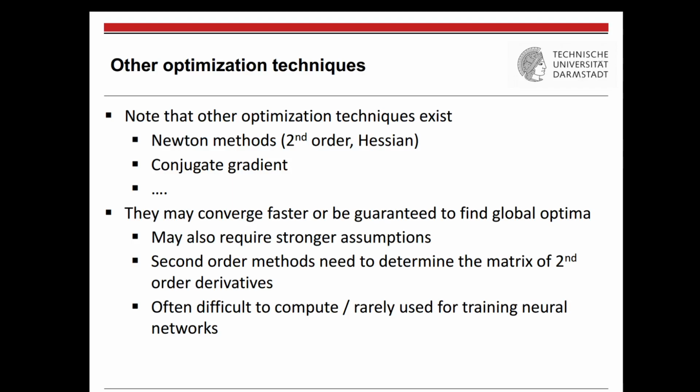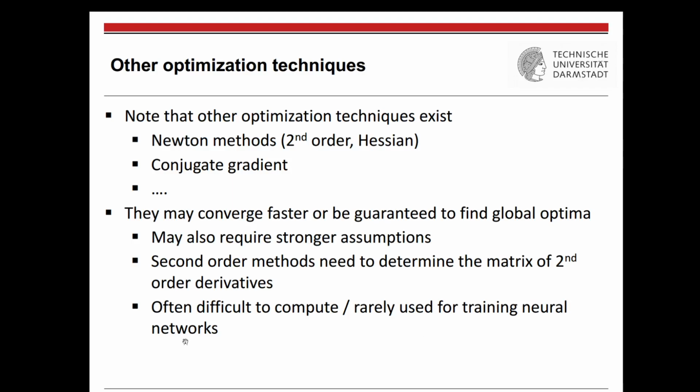However, they often require stronger assumptions, such as maybe that the function to be optimized is convex, or they are very costly, like Newton's method, or they require other simplifying assumptions, such as linearity of the system to be optimized.